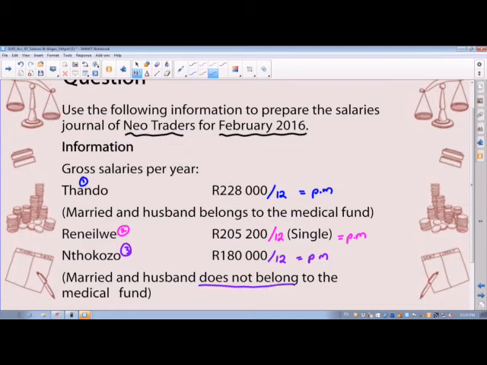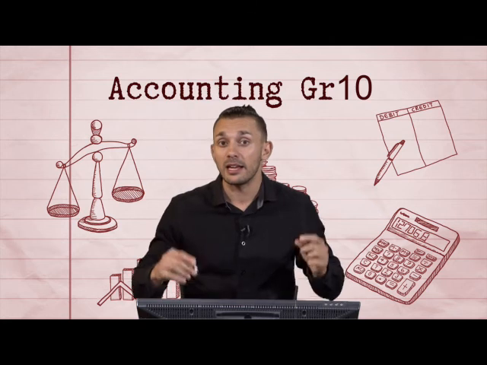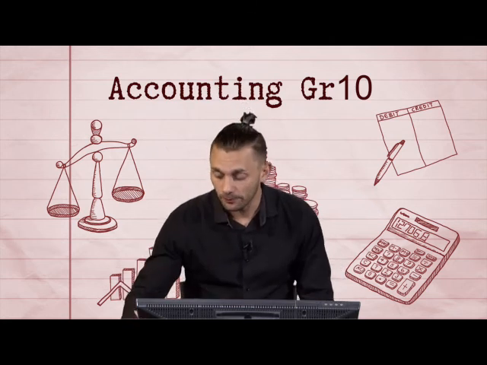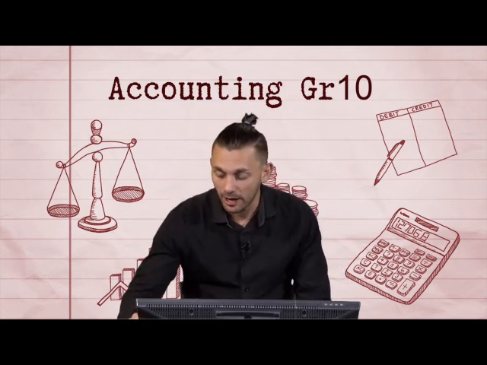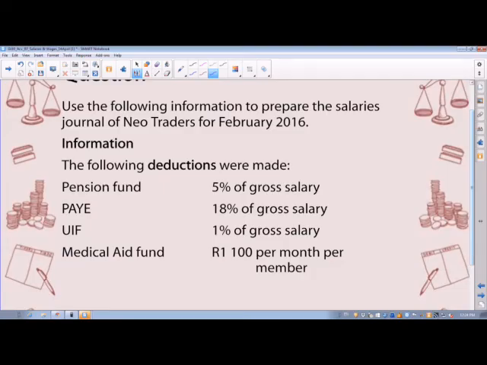Now, what did I show you here? I showed you 3 salary earners. I showed you what they earn per year. You calculated each one's monthly salary. What other information do we have? We have the following deductions that were made. These deductions will be from the employee, the worker, the person working in the company will pay this.